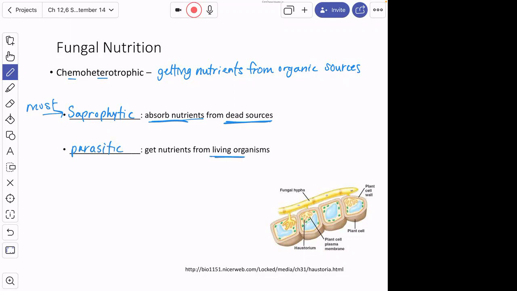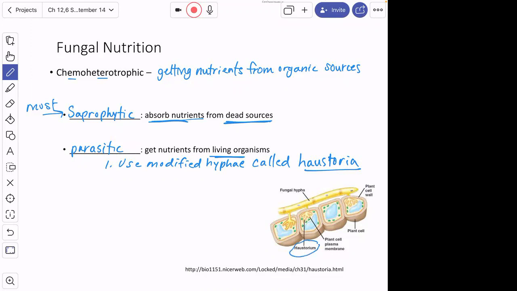Okay, so if they do this, they're going to use modified hyphae called haustoria. Okay, and they didn't show you a picture of this in the book. This is the best picture I could find of this.